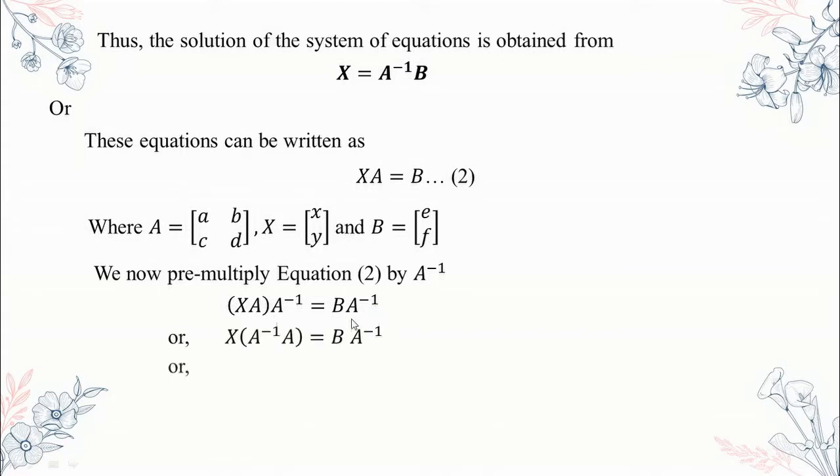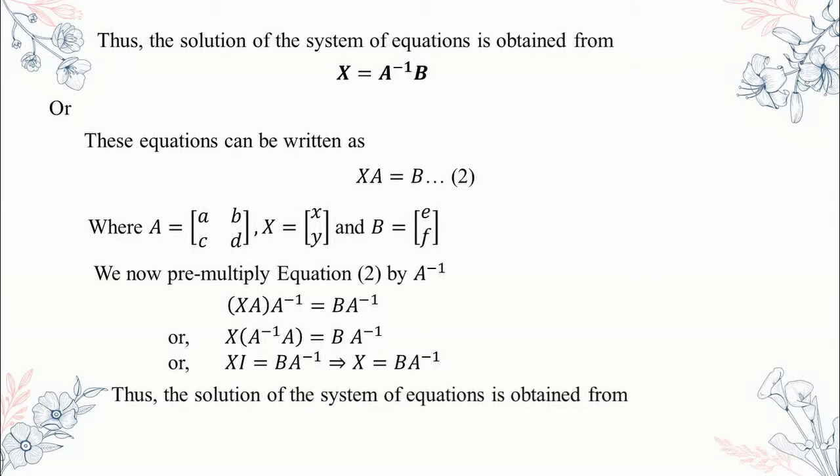This is equal to X times identity equal B times A inverse, which is also X equal B times A inverse. Thus the solution of the system of equations is obtained from X equal B times A to the power minus 1.